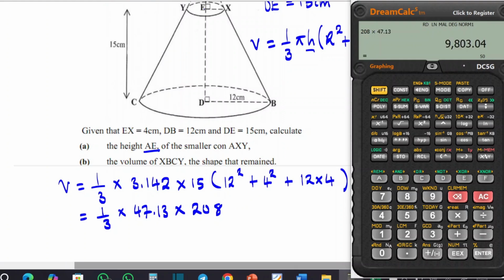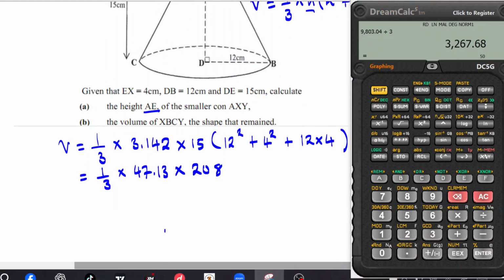What is the answer? Then divided by 3, which will get our answer. So that is our answer. I'm sure you have seen it. It is equal to 3267.68.